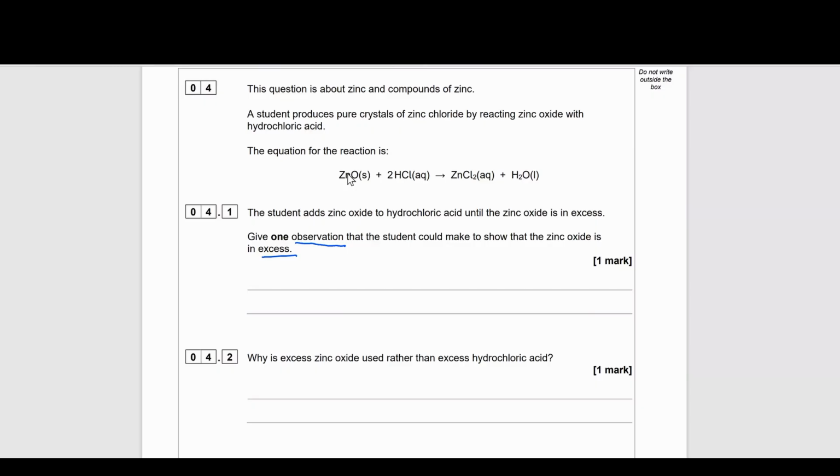So it's similar to the previous question when we were thinking about sodium carbonate. If we take a container, add some hydrochloric acid, keep adding zinc oxide until it is in excess, we would tell that by a solid appearing at the bottom of our container. So we would want to say that a solid forms at the bottom of the container. That indicates that the zinc oxide is not being dissolved anymore.